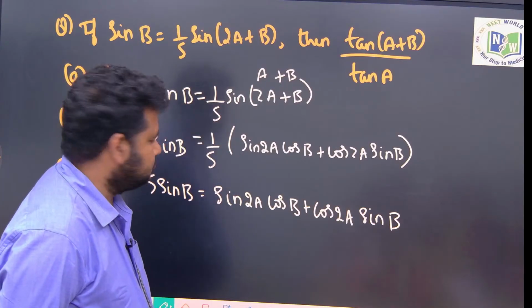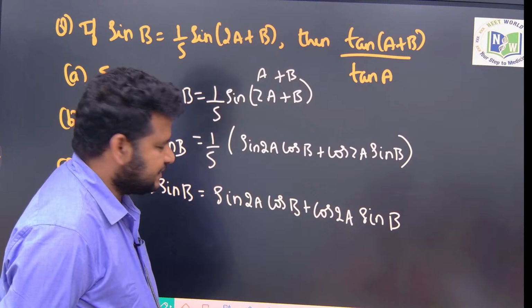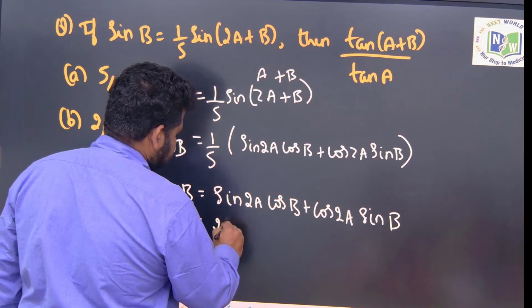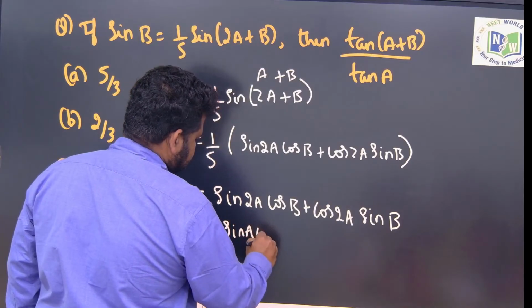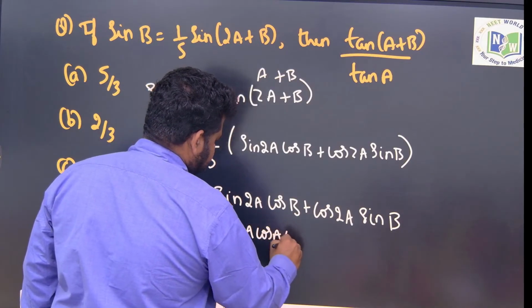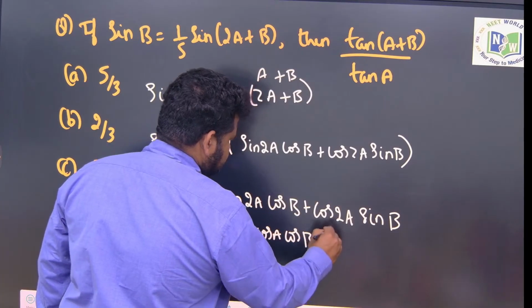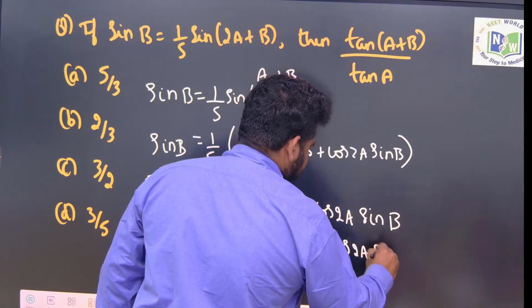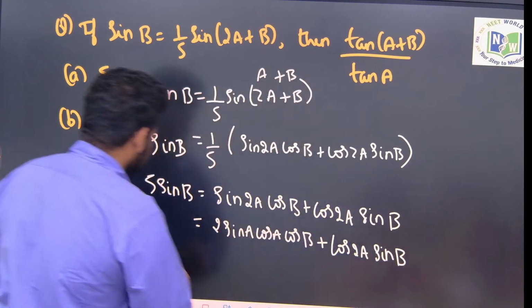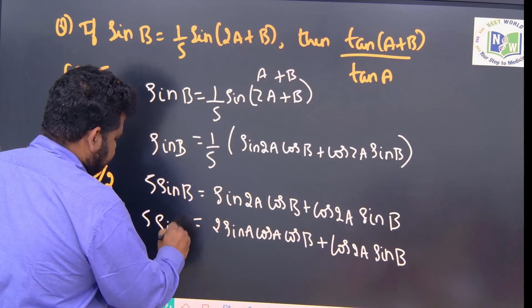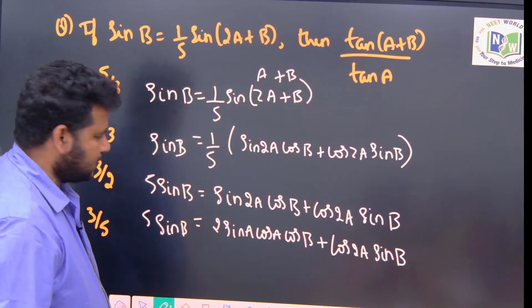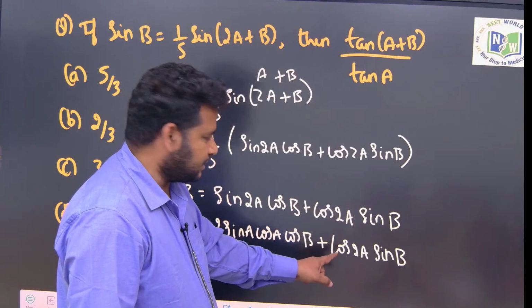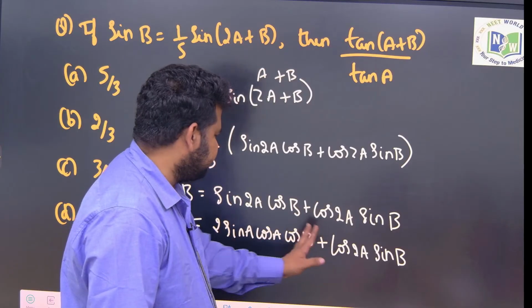What can we do? This cos 2A, keep it as it is. This is 5 sin B. Now, cos 2A you can write either in terms of cos or in terms of sin, but keep it as it is for now.